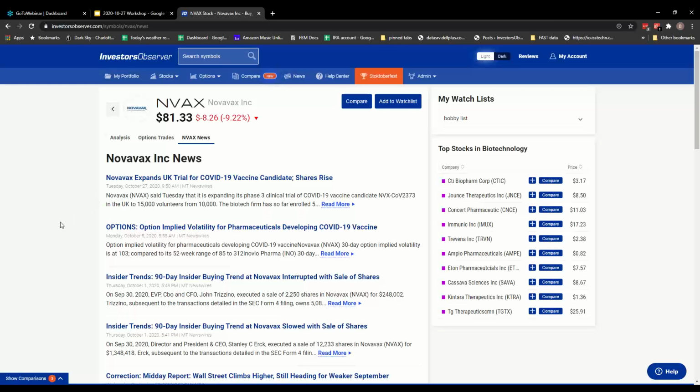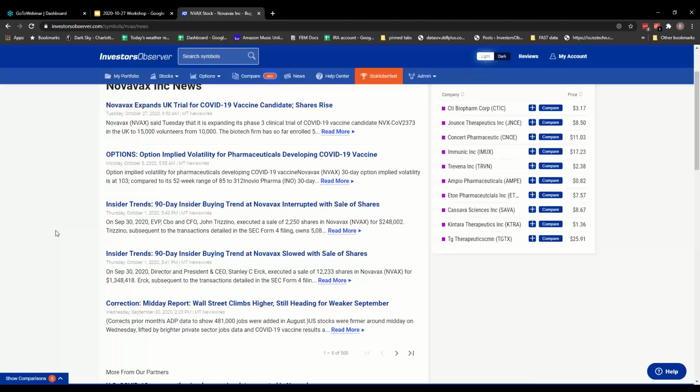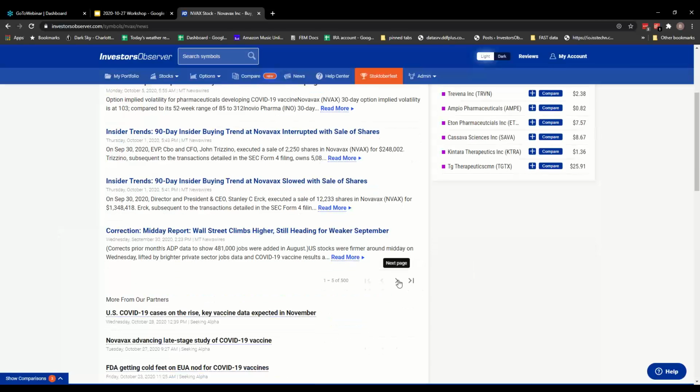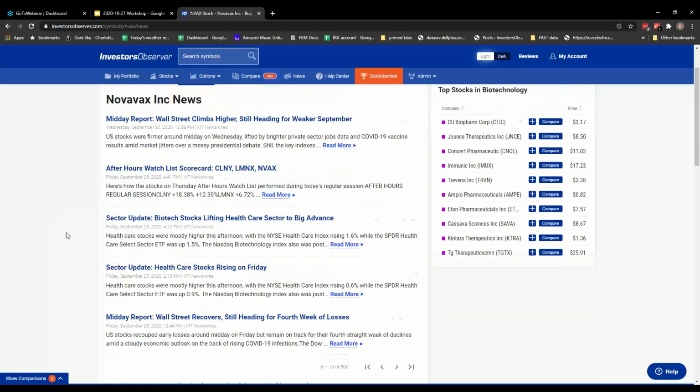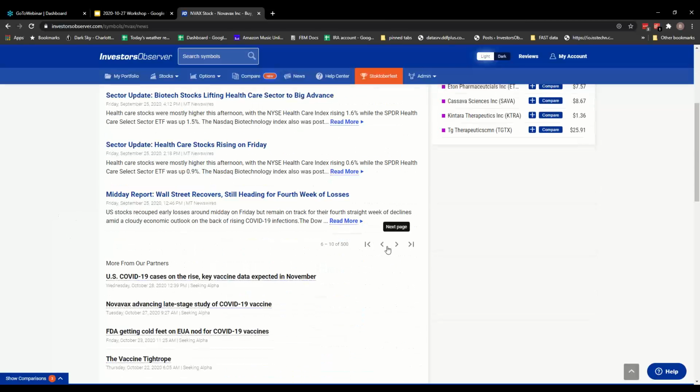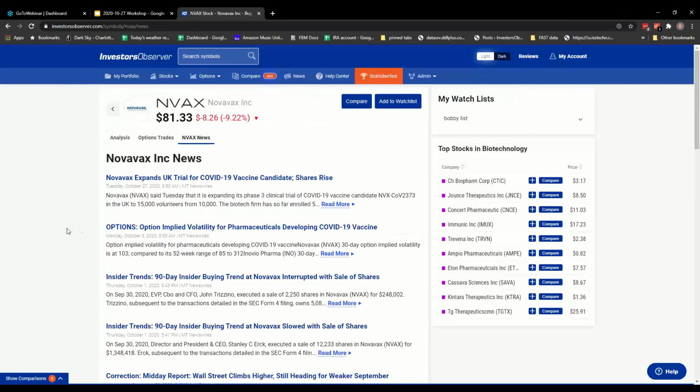It does look like they have a coronavirus vaccine. I don't know that they're involved in the Operation Warp Speed thing, which for whatever reason may or may not mean their candidate is better. It may just mean that the government wasn't interested in pre-buying their vaccine. I don't know.